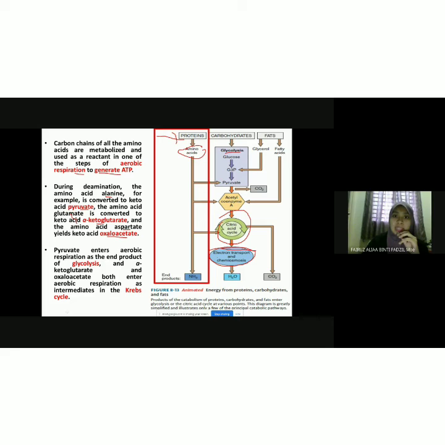Then these amino acids are converted into pyruvate, acetyl-CoA, oxaloacetate, and alpha ketoglutarate, which enter the Krebs cycle. And then the byproduct is ammonia, which will be excreted in the urine.